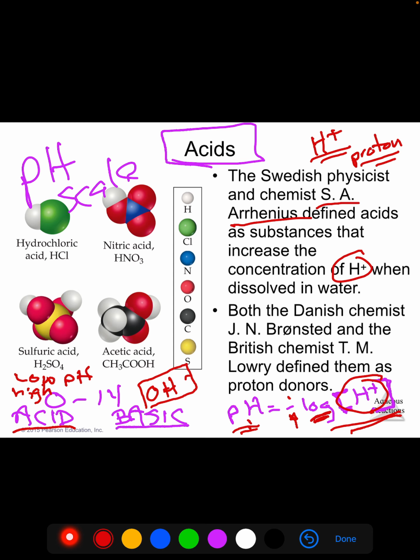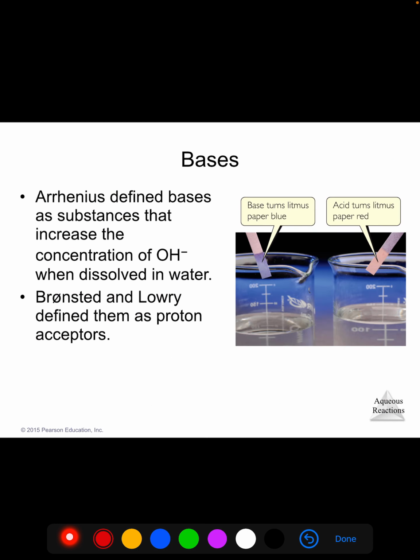Now, Bronsted-Lowry said, you know what, this doesn't work for all the things that turn our litmus paper blue or pink. Litmus paper turns blue in base when the pH is greater than 7, and it turns pink, I don't know that I would call it red, when the pH is less than 7.